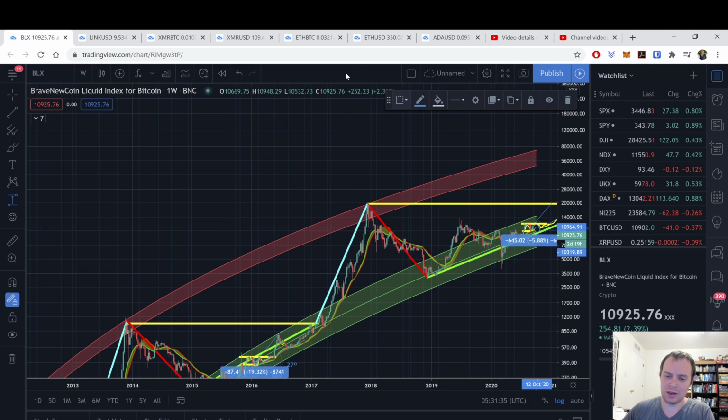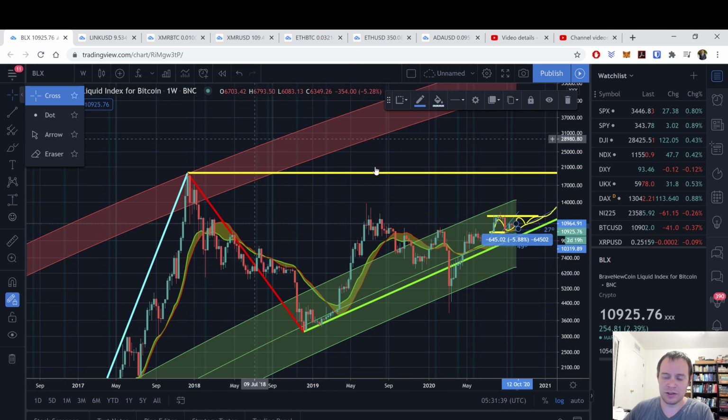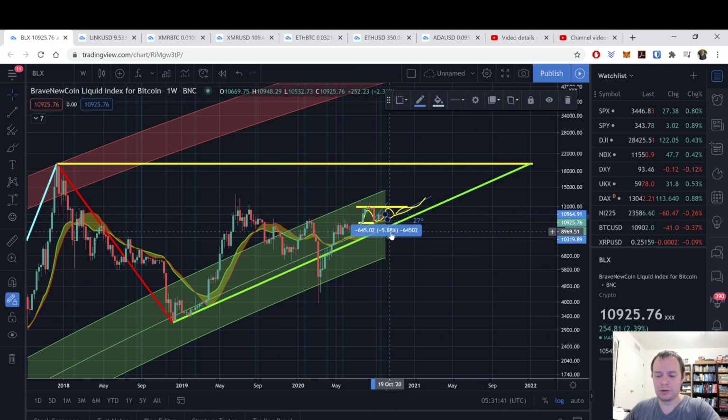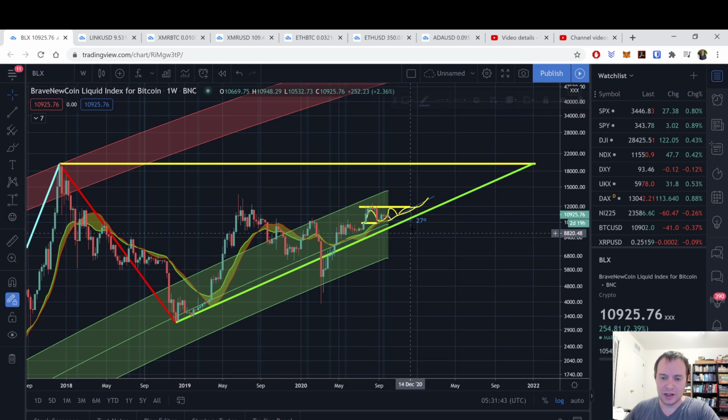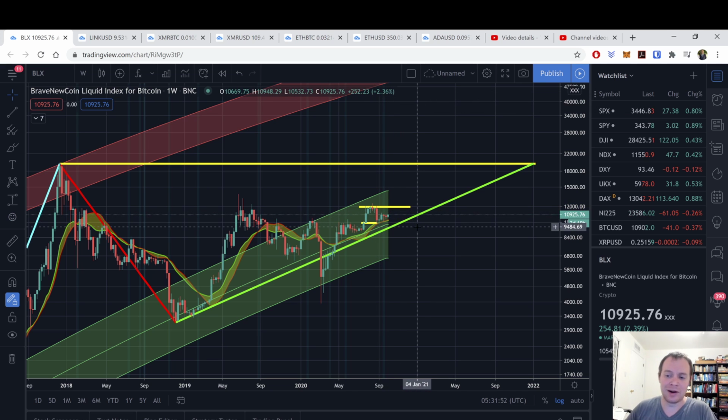So the main thing to look out for, as always, given Bitcoin's proximity to the 20-week, is if we do go to the 20-week, can we hold it? And if we don't hold it, altcoins are likely to get hammered again with their valuation against USD and against Bitcoin. Not all altcoins, but most of them.